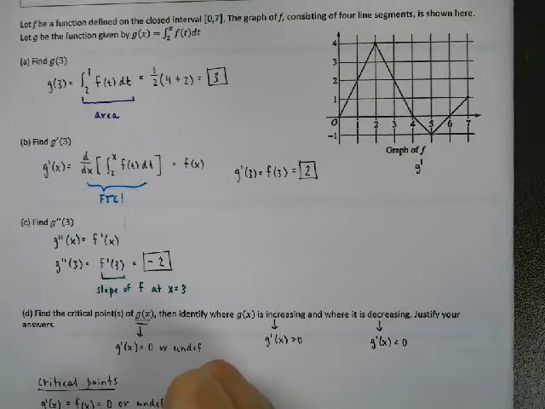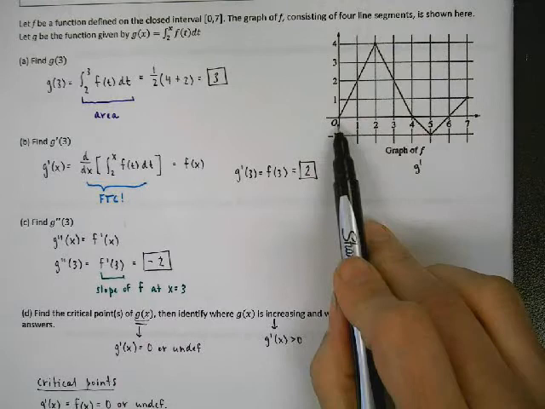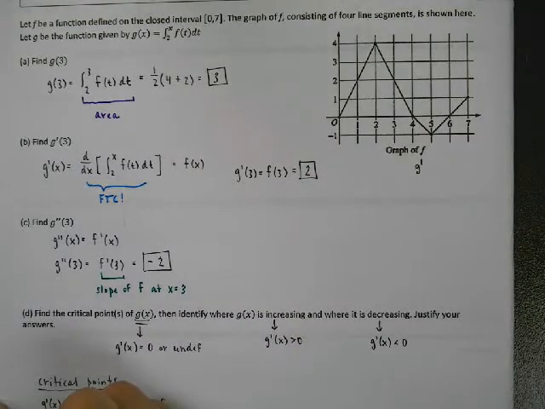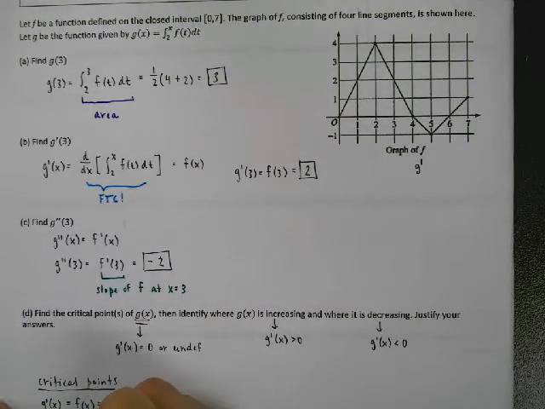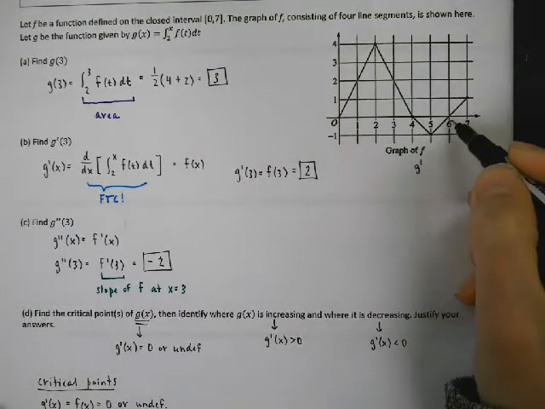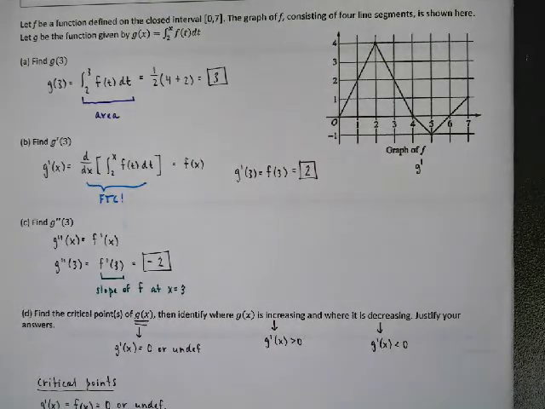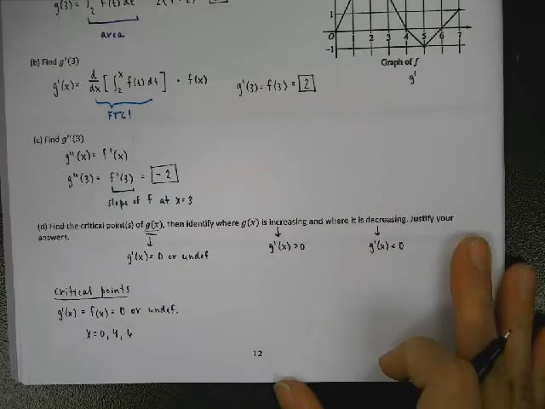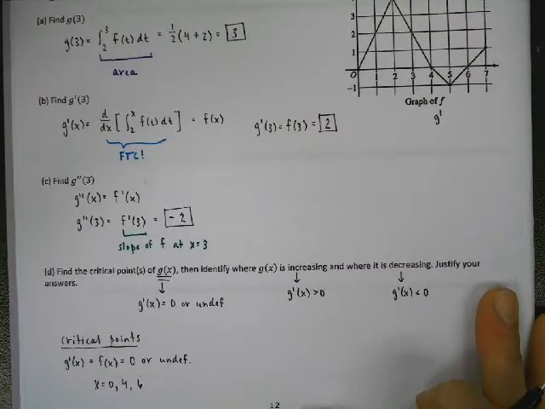If I look at my graph of f here, I can see I'm equal to 0 at 0, at 4, and I'm equal again at 6. So those would be my critical points, and you can't see that. Sorry about that. So at 0, 4, or 6 are our critical points.